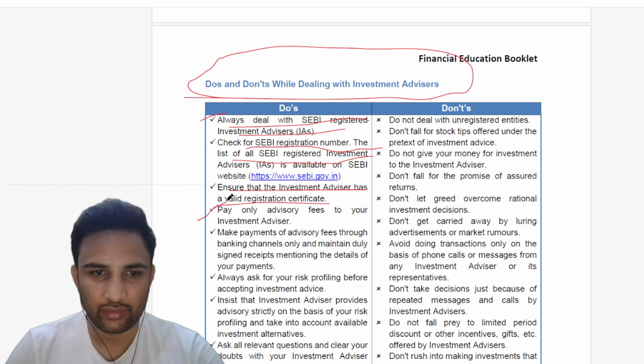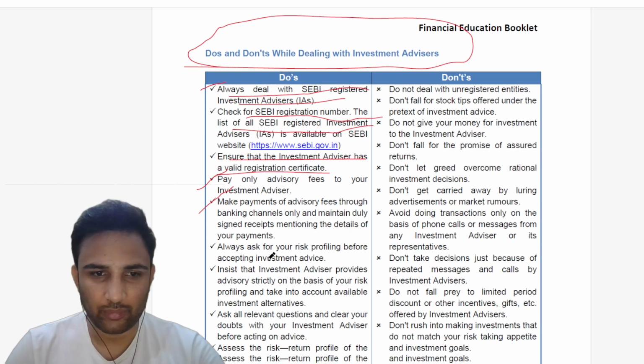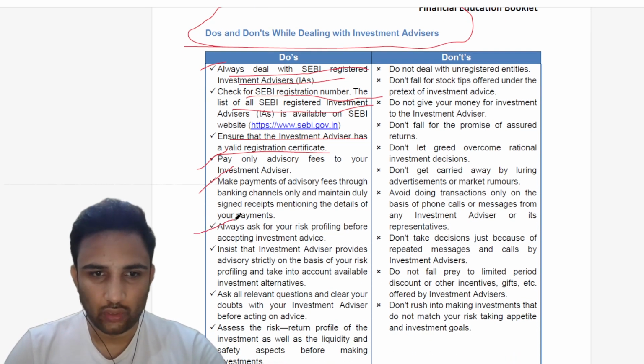Pay only advisory fee to your investment advisor. Make payments for advisory fees through banking channels only and maintain duly signed receipts mentioning the details of your payments. Always ask for your risk profile before accepting investment advice.